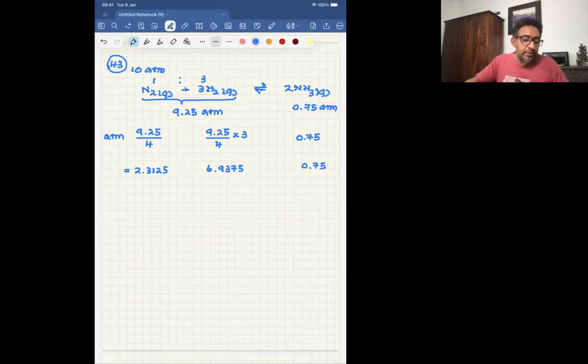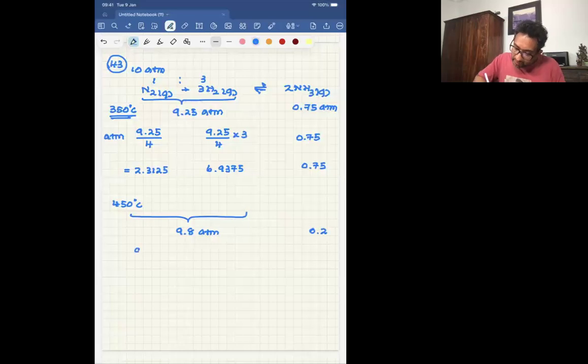Calculate the equilibrium partial pressure of hydrogen and nitrogen at both temperatures. That was at 350 degrees. At 450 degrees, the partial pressure of ammonia is 0.2 atm. That means 10 minus 0.2 is 9.8 atm.